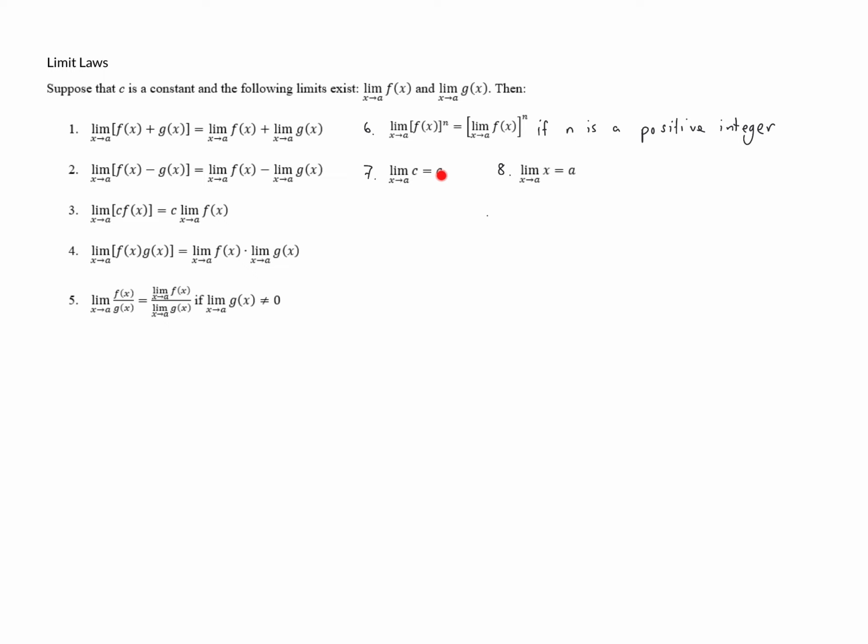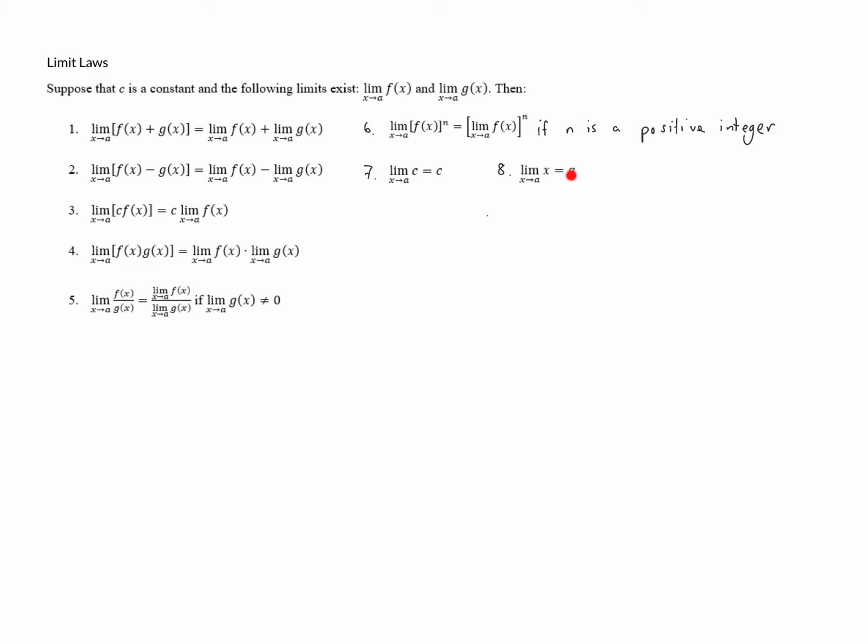So in a situation like this, the limit is just the constant. And then number 8 says that the limit as x approaches a of the function x is equal to a. And that should make some intuitive sense. Here we're looking at what happens when x gets closer and closer to a, and we're asking what happens to x?